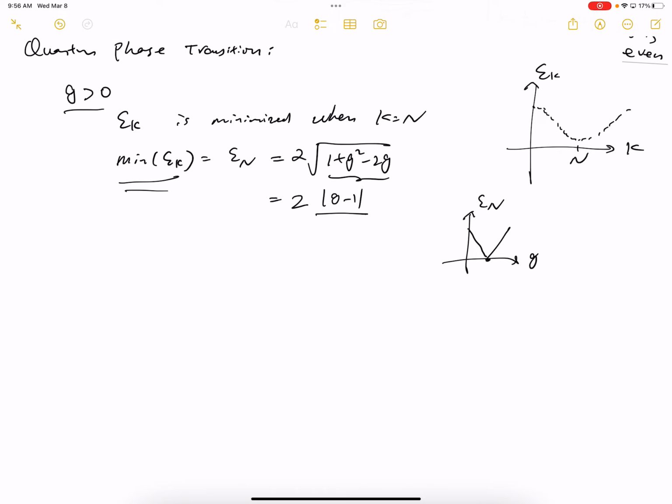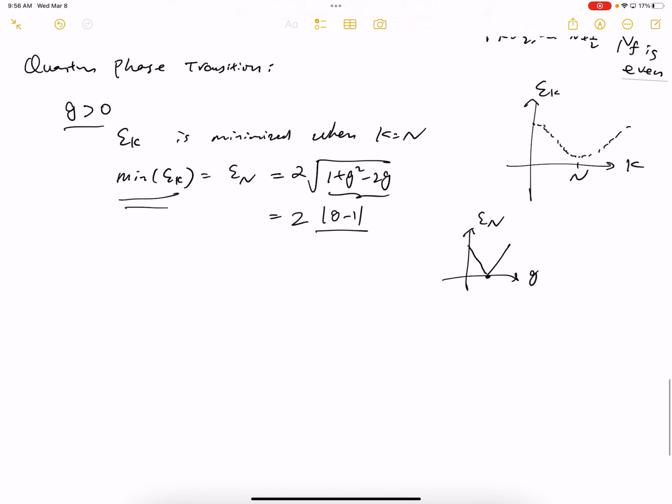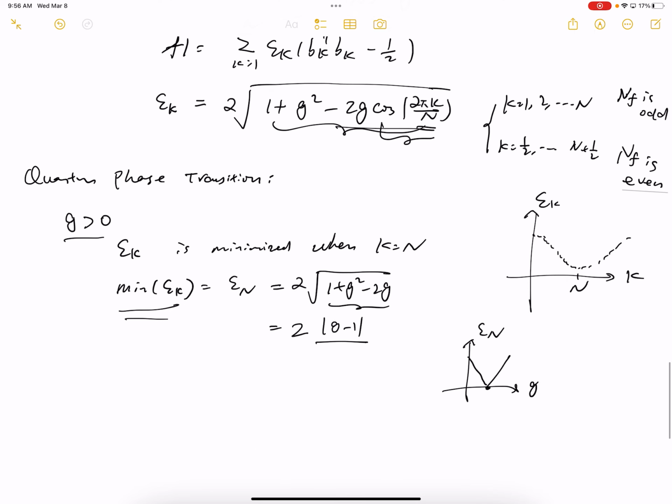Okay, we still need to figure out the ground state energy, right? So how do we figure out the ground state energy? Again, because these are fermions, and this is the lowest energy, the idea is similar to what we said before. In order to find the ground state energy, you fill in all the energies which are negative, and leave 0 fermions when the energy is positive.